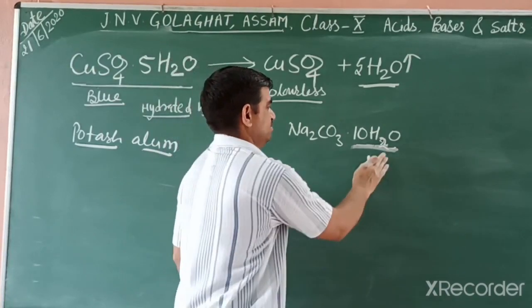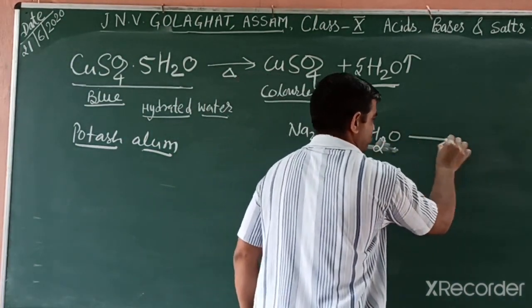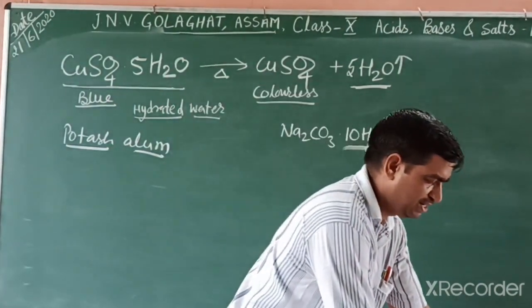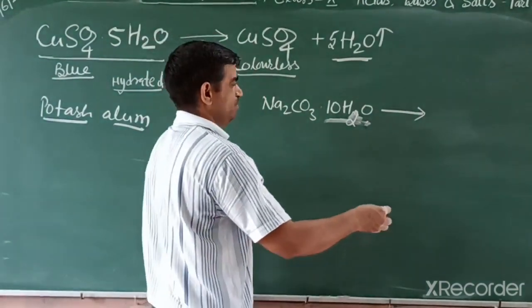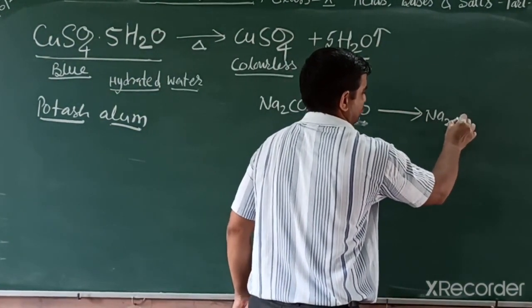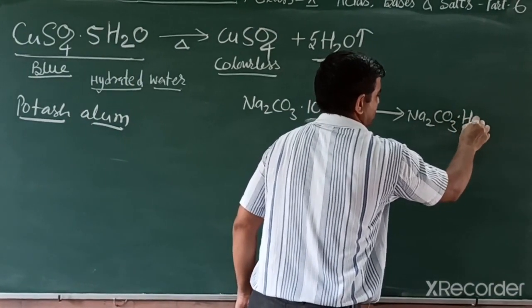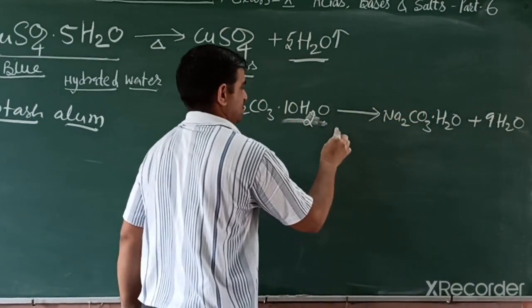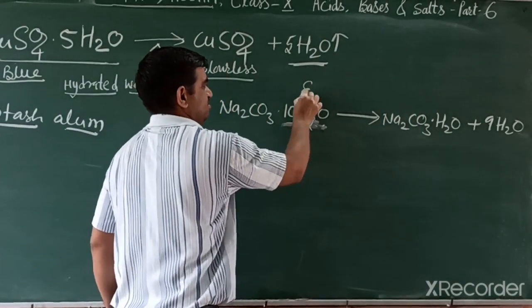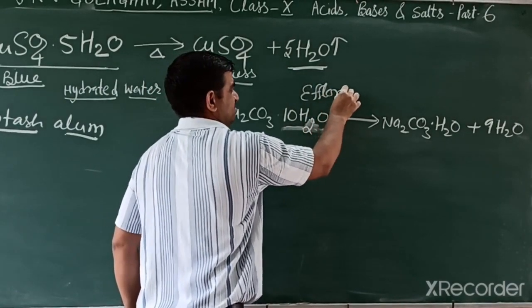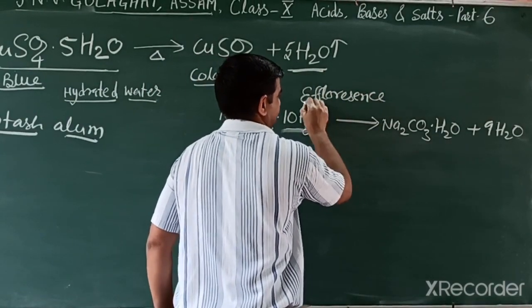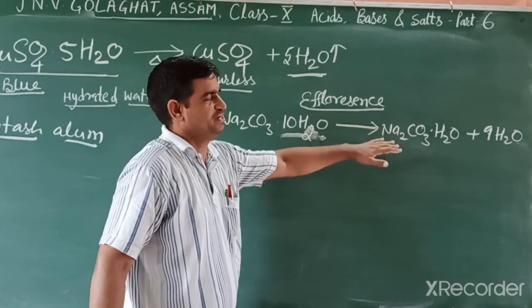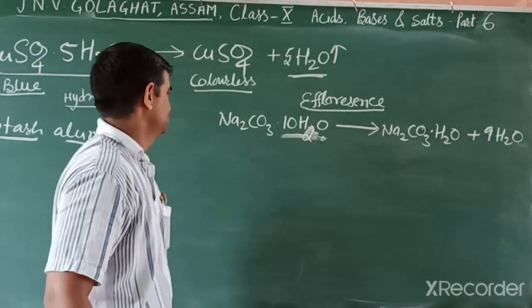Then 9 water molecules evaporate, and the compound converts into sodium carbonate monohydrate only. This process is known as efflorescence, when 9 water molecules evaporate out and only 1 water molecule remains.